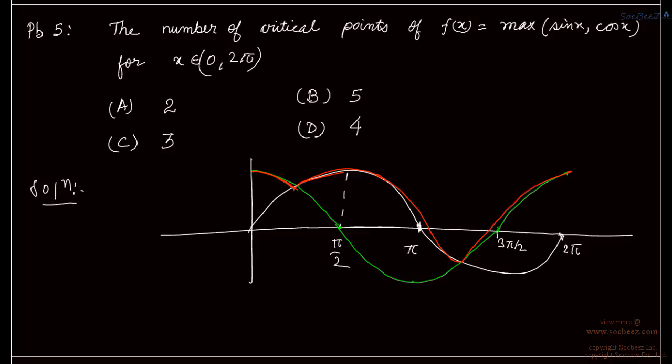So we have f x as this red curve. This is f x. So the number of critical points. Critical points are the candidates of maxima and minima, that is, a point where maximum or minimum occurs. So this is one point, and this is another point, which is critical in the interval 0 to 2 pi. So we have two critical points for this curve.